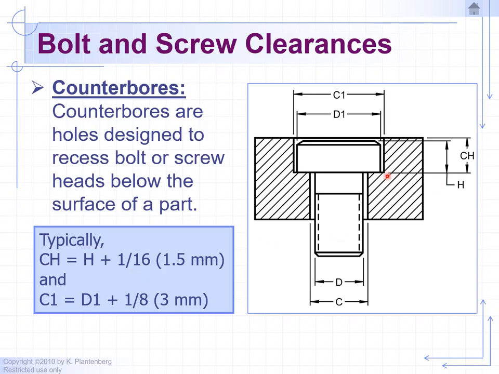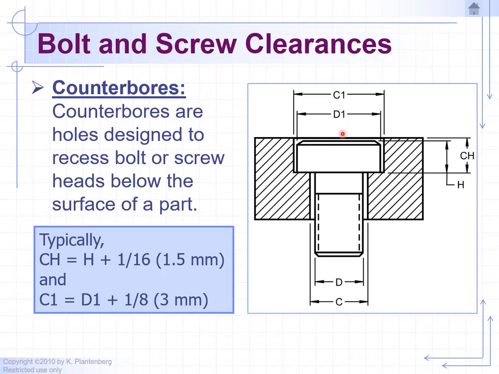Just to keep it simple, if the height of the head is 1 inch, then you're going to make the hole 1 and 1/16, so whatever the height of the head plus 1/16, and that is 1.0625.